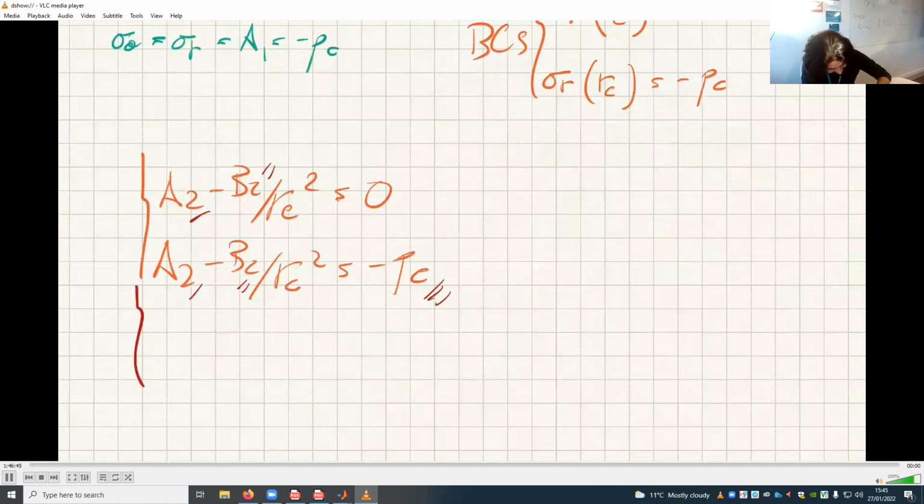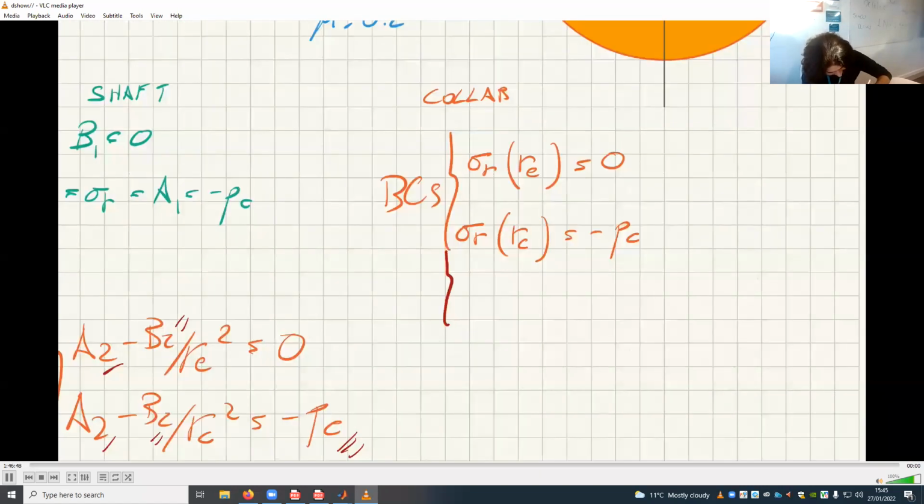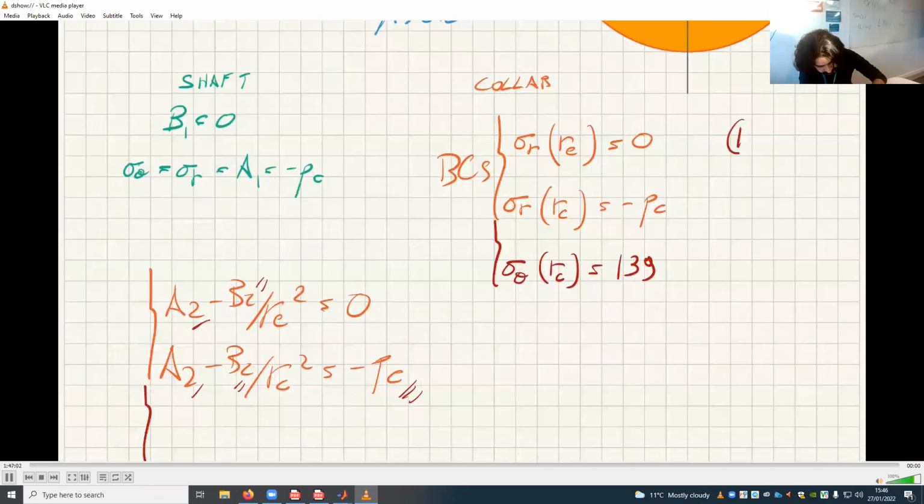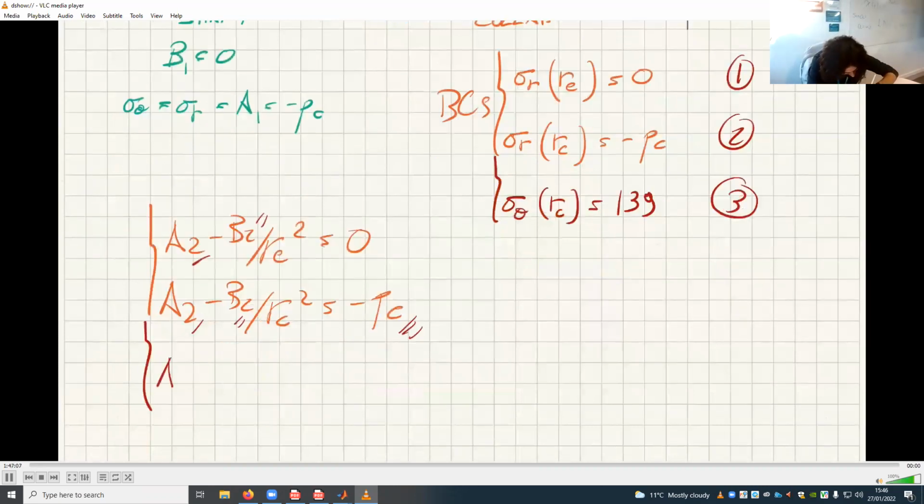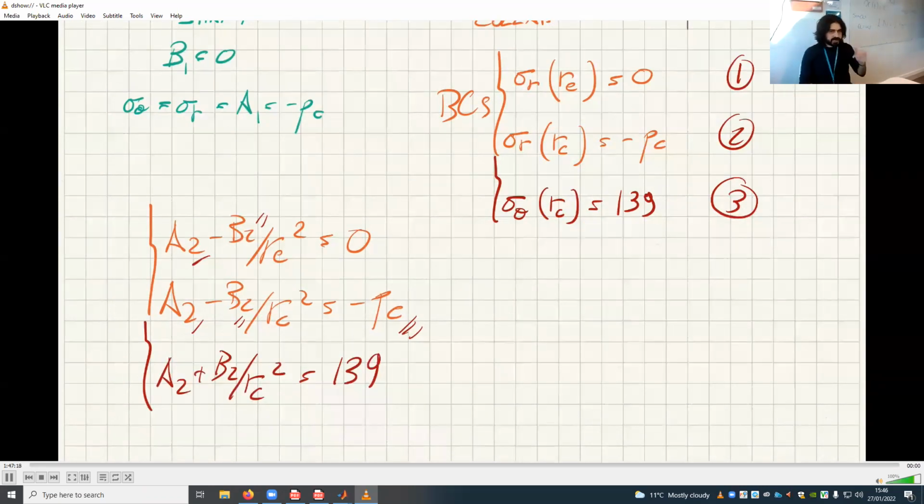The third equation that is missing is that sigma theta at the contact face must be 139. So this is equation 1, this is equation 2, this is equation 3. And this equation corresponds to A2 plus B2 over RC squared equals 139. And now we have 3 equations and 3 unknowns. And now we can solve this.